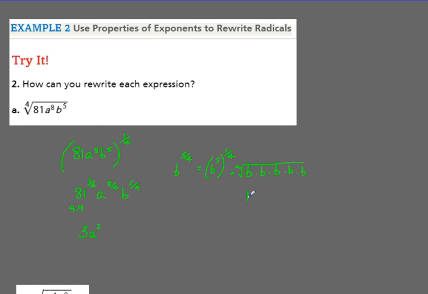You can also look at it as b to the 4th, that's these 4 times b, all to the 1/4 power. So I expanded it, and I'm taking the 4th root. I just separated it. And the reason I did that is now I have b to the 4th to the 1/4 times b to the 1/4. And this cancels. That's b to the 1st power. Okay? Times b to the 1/4.